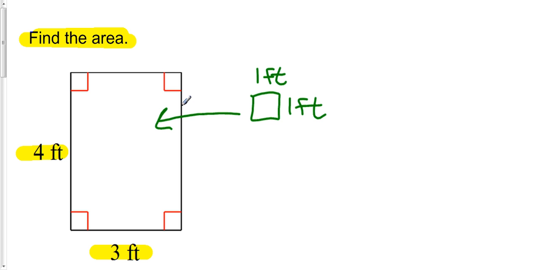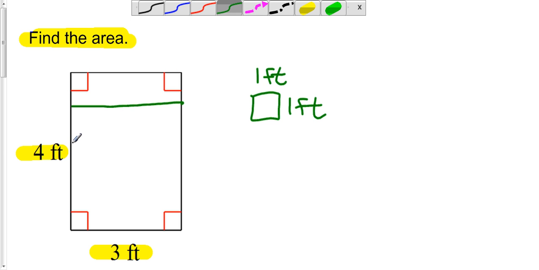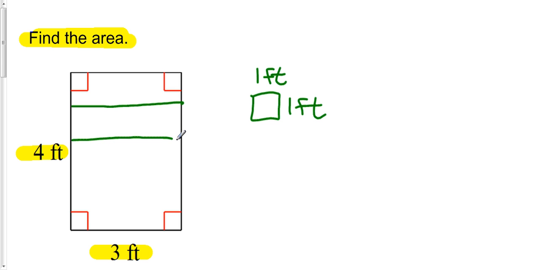So if the length right here is 4 feet, I could probably break this up into 4 sections. I'm just going to erase this line here. Let's try to do a better job than that.